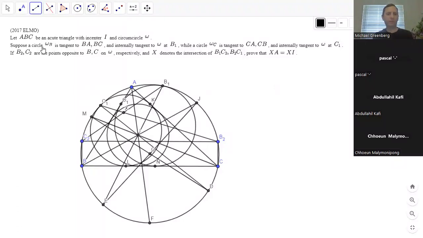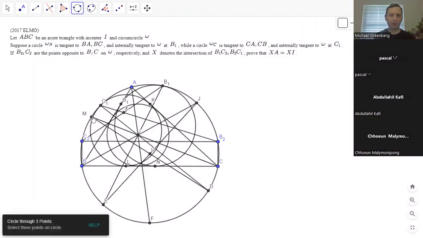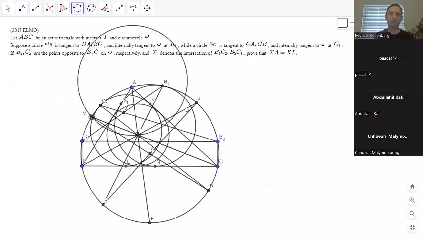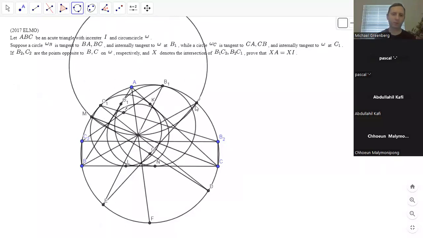Also, it's the same as saying that X lies on JM, right? Because JM we know is the perpendicular bisector of AI. So maybe somehow we can use Pascal's theorem. Maybe we could show that X lies on the radical axis of these two circles, because that would be equivalent.